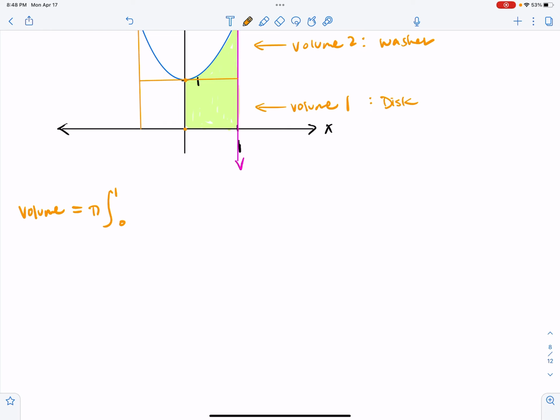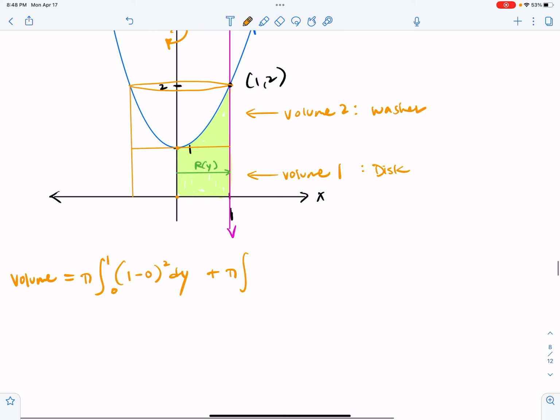And that's a disc method, and r of y here would be 1 minus 0, squared, dy. And then plus that second volume would be integrating from 1 to 2.